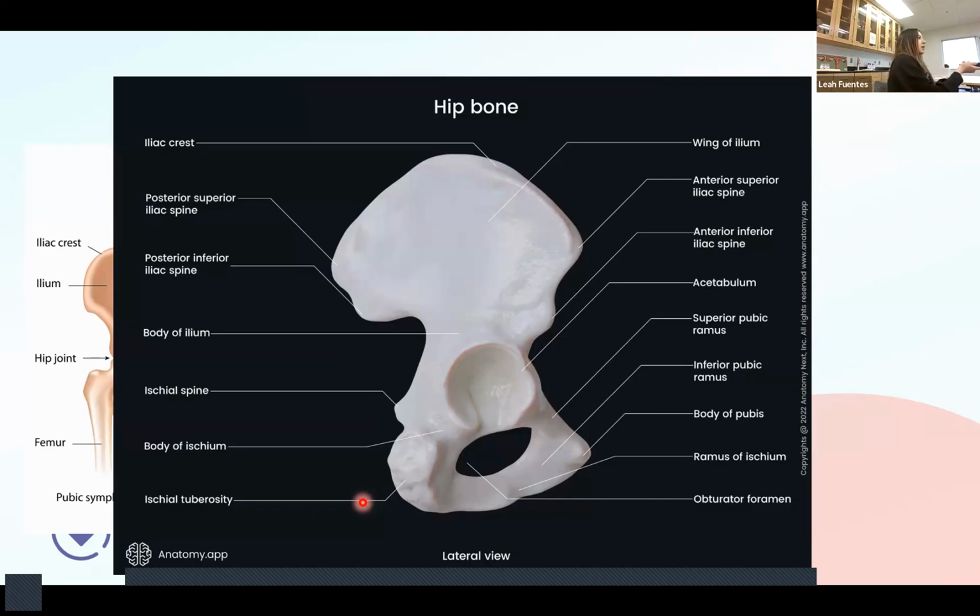Let's see, we have our body of the pubis down here. And then we have our anterior superior iliac spine. So again, up here is that iliac crest. Here is the iliac spine, the superior iliac spine. And then we have the inferior iliac spine.